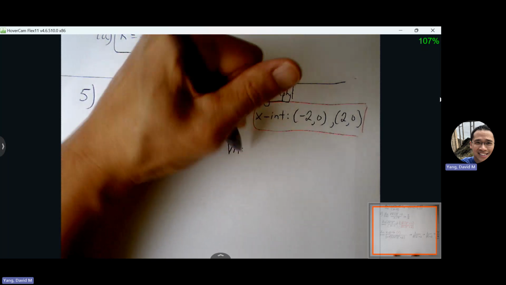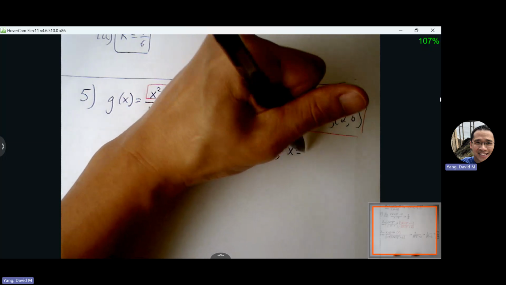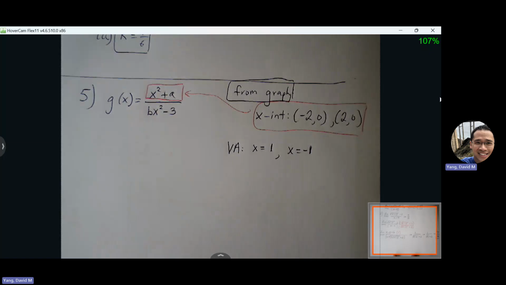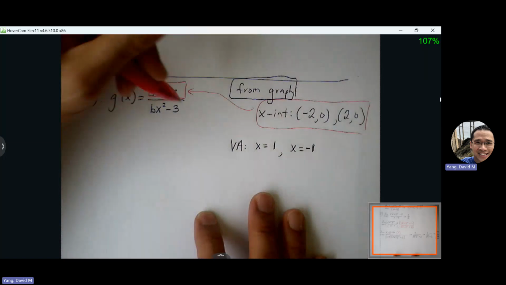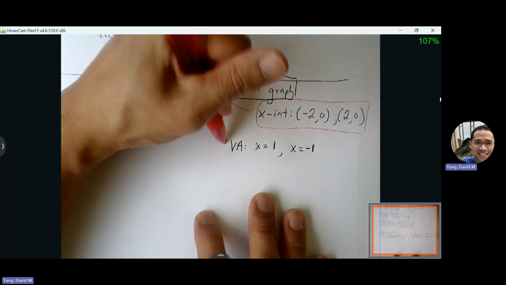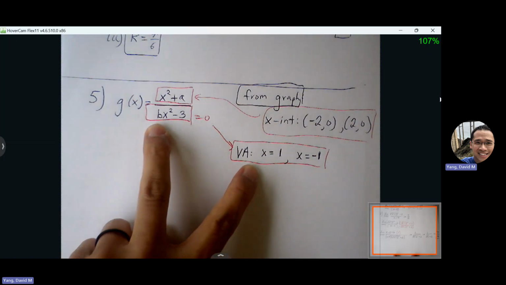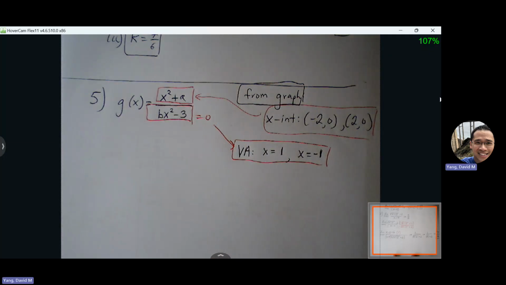Where do you see vertical asymptotes? X equals 1 and x equals -1. And you know that if I make the denominator equal to 0, that's going to give me information about vertical asymptote. And if we do that, we can work backwards and figure out what the b value can be in that instance.